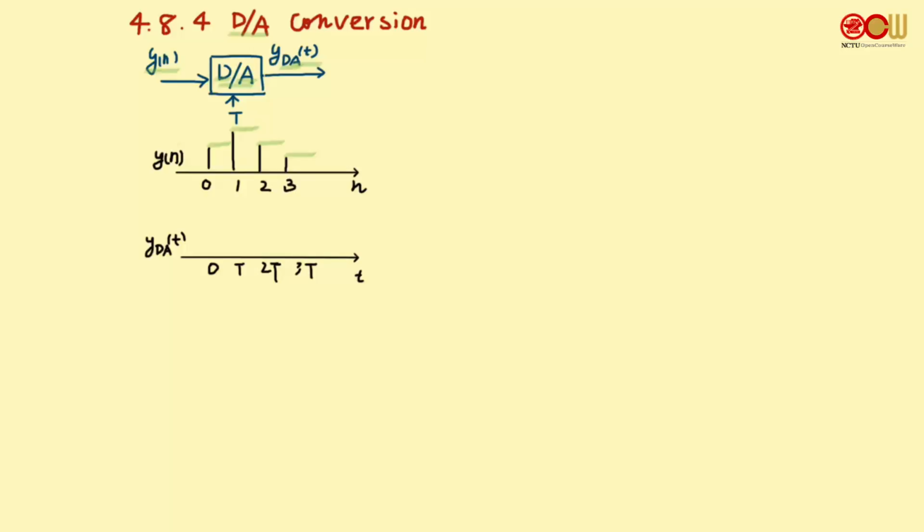First of all, it's going to hold the value y0 for a period of T, and then y1 for a period of T, and then y2 for a period of T, and then y3 for a period of T. This is 0, T, 2T, and 3T.